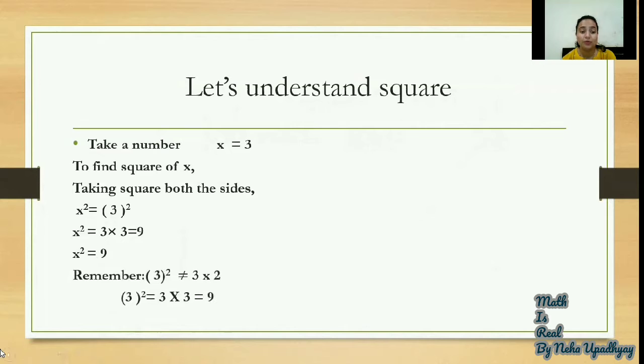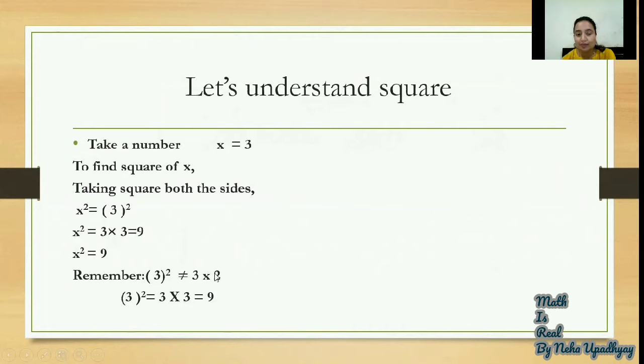Remember, one very common error that almost all the students make: 3 square is never equal to 3 multiplied by 2. They are not equal. It means that 3 has to be written twice, 3 multiplied by 3.